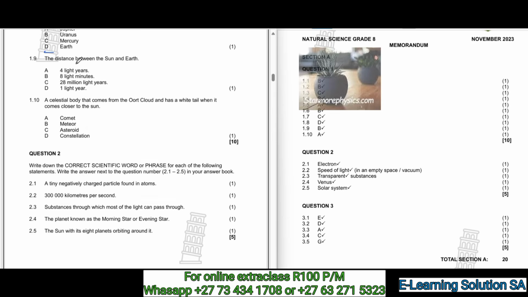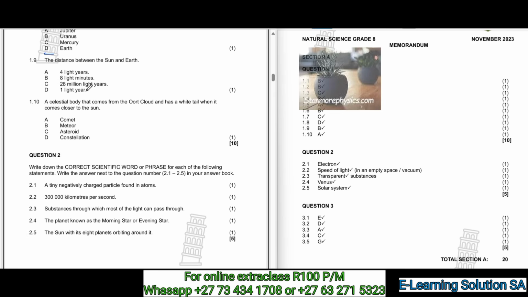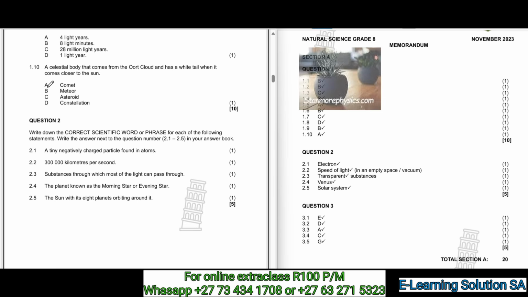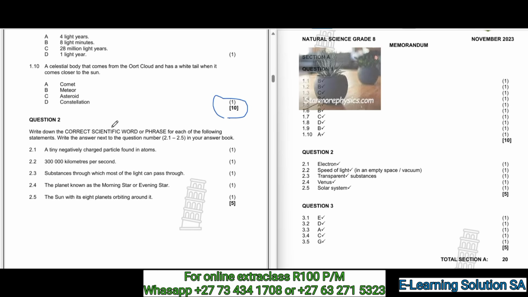Remember it's 8 light minutes. 1.10, a celestial body that comes from the Oort cloud and has a white tail when it comes closer to the sun. The answer is A, which is a comet. So you get 10 marks if your answers are all presented exactly like that.